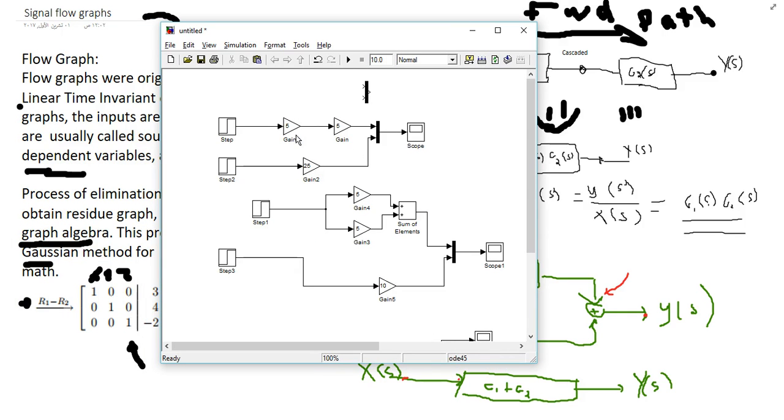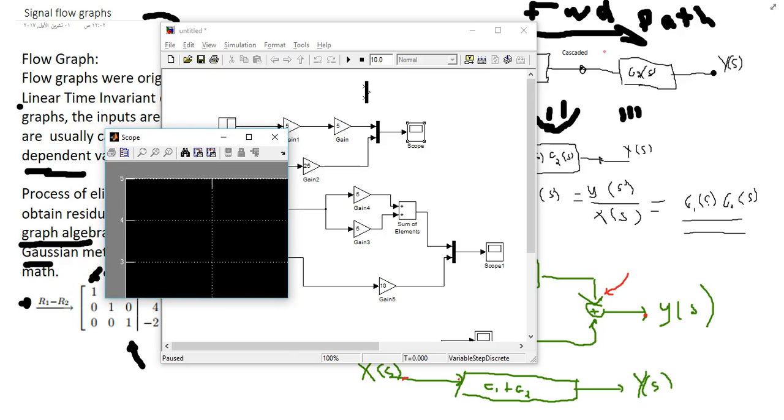If these are cascaded, we have 5 times 5, 25. So if you simulate, this should be the same in the Simulink model. Okay, we click on the scope. Where is the scope?